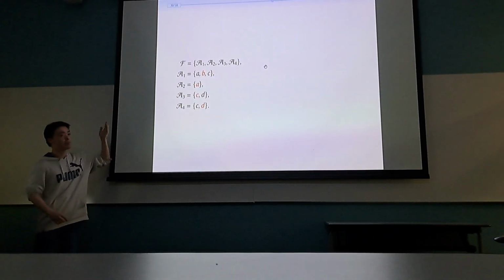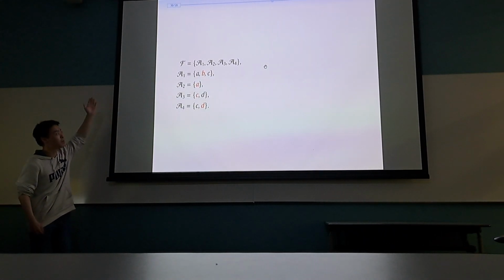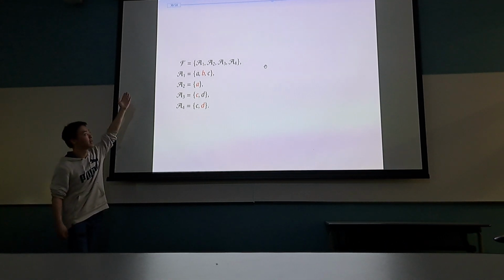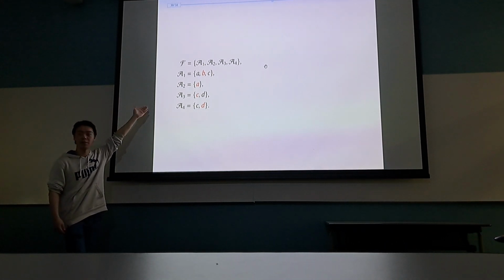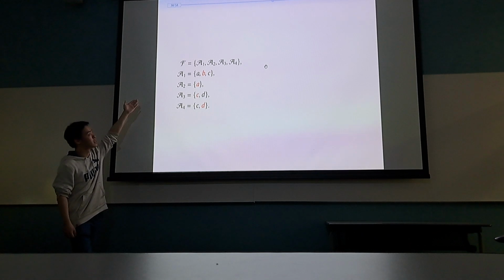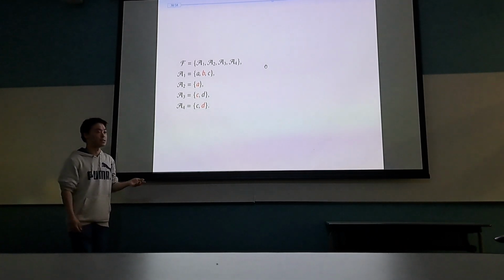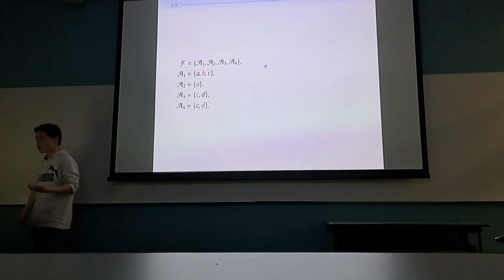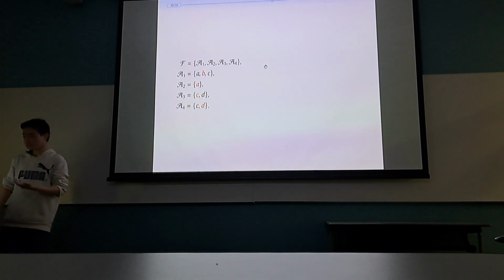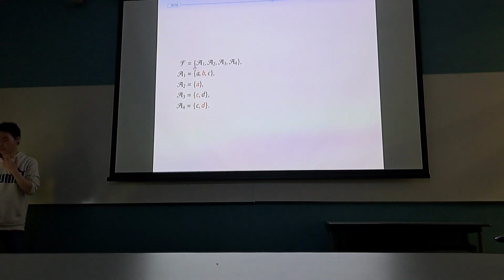So imagine that this is my family. My family has A1, A2, A3, A4. There are 4 sets in my family. A1 is going to be ABC, A2 is A, A3 is CD, and A4 is CD. What we want to do is convert this into a graph.